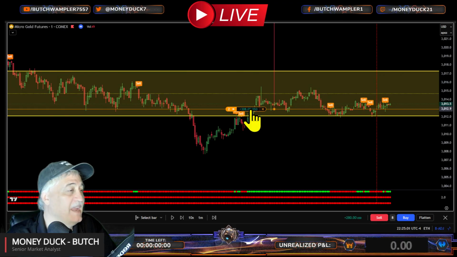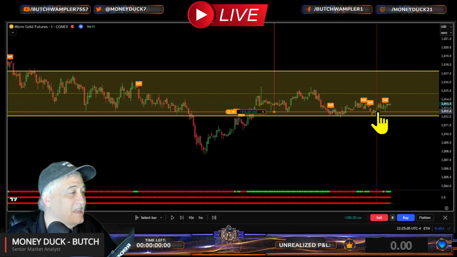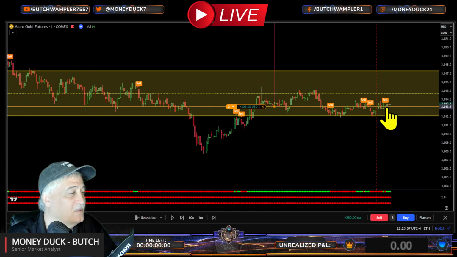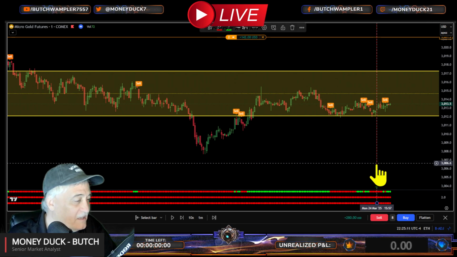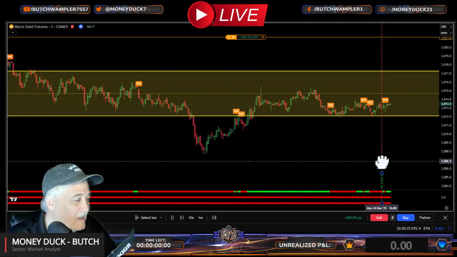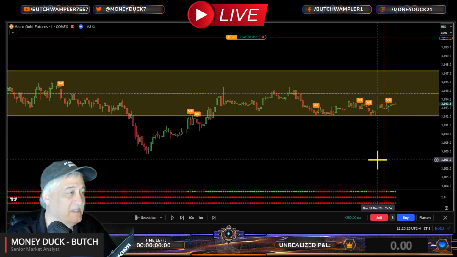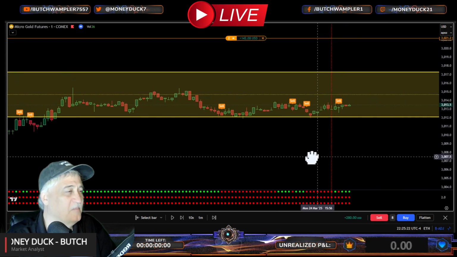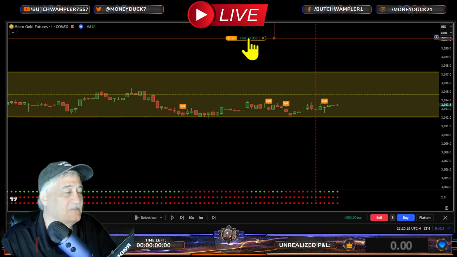And if I move down to this right here, okay, see that little candle. Wait a minute. I think I moved this accidentally. Right there's 4 o'clock. So it was that little doji right there. So this flat candle right here, that's the 4 o'clock candle.